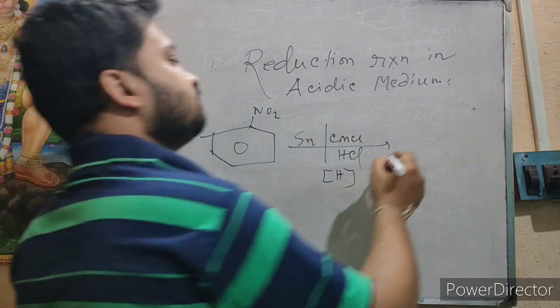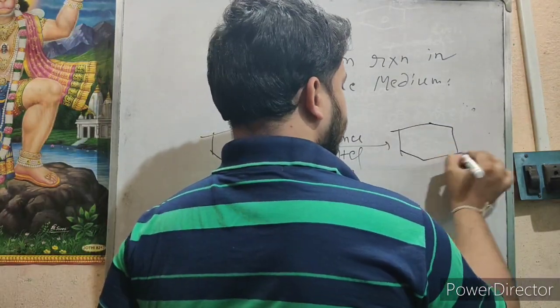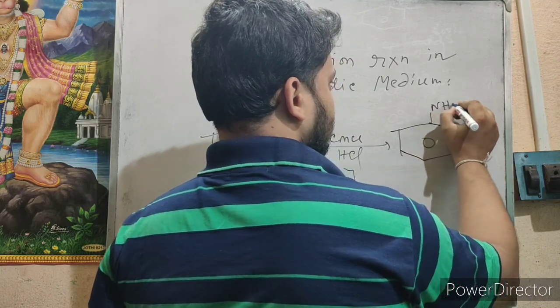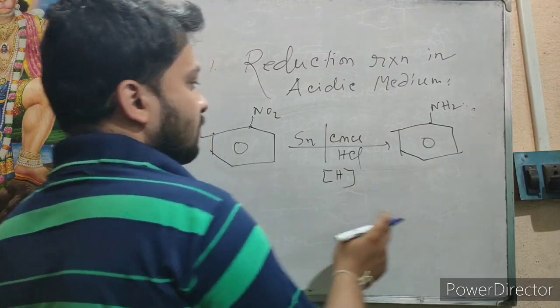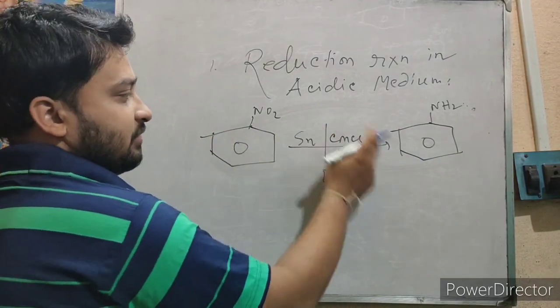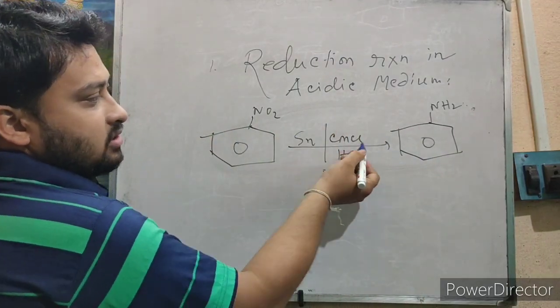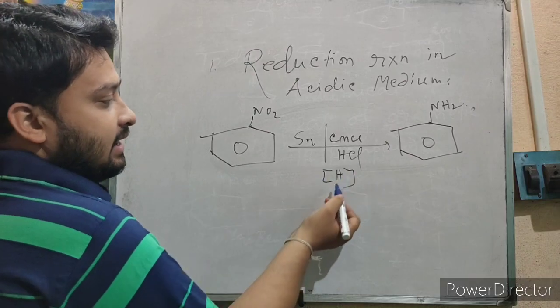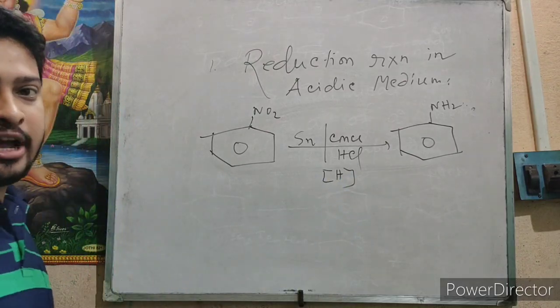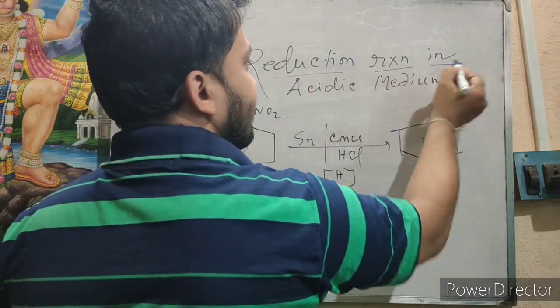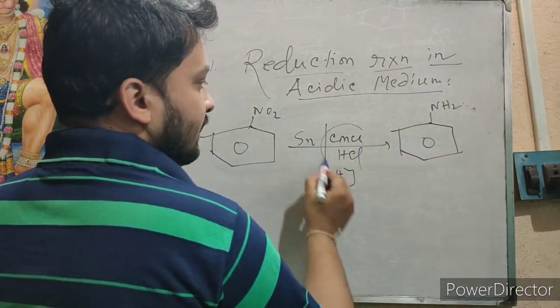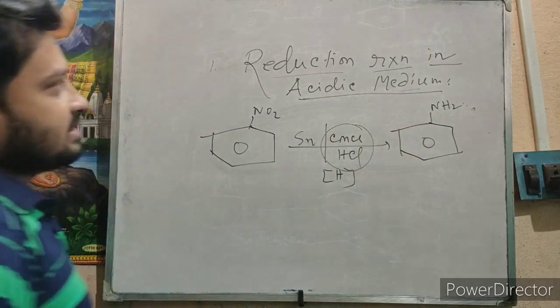The product will be aniline. So nitrobenzene to aniline you can prepare through this reagent, Sn and concentrated HCl with the presence of nascent hydrogen. So this is a reduction reaction in acidic medium.